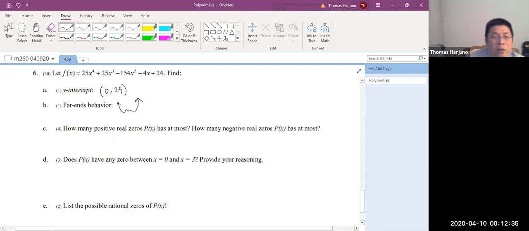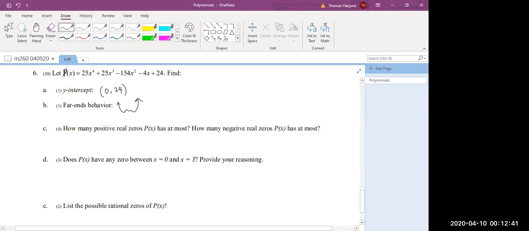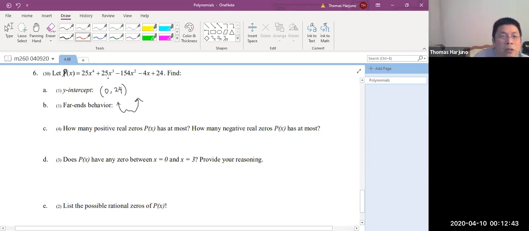Now, how many positive real zeros does P(x) have at most? 2 or 0. And the reason is the sign changed one time here, and another time here, right? So it has 2 or no positive zeros.